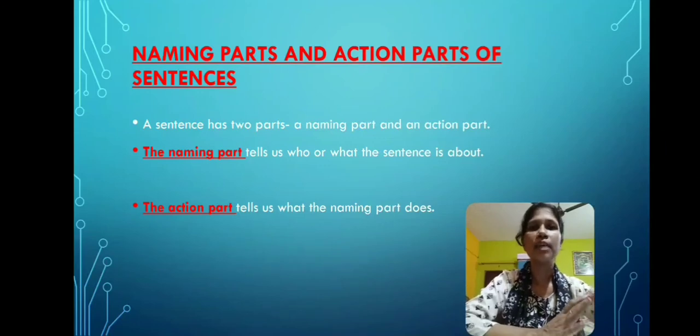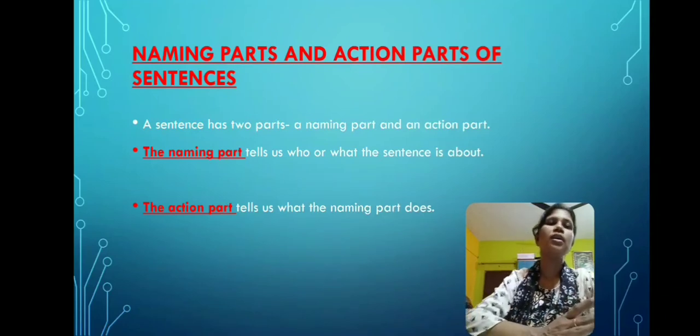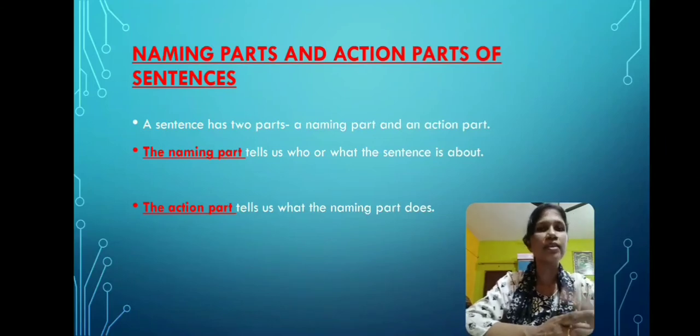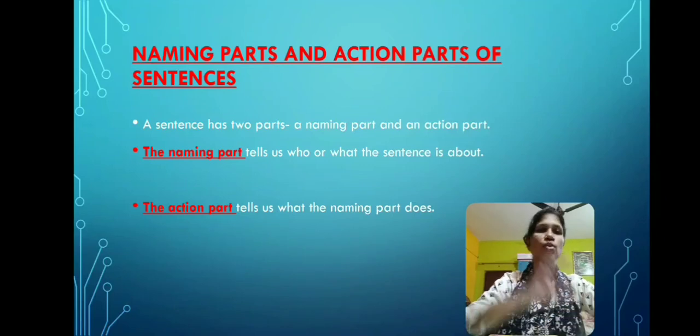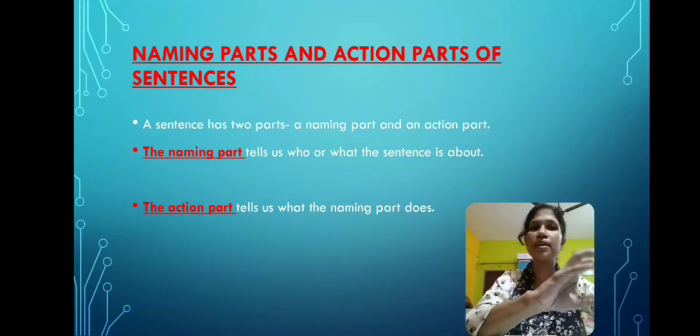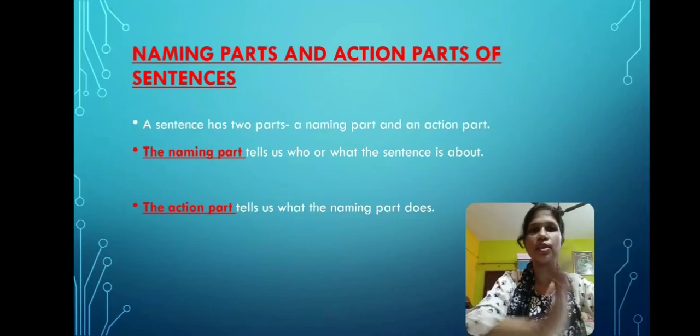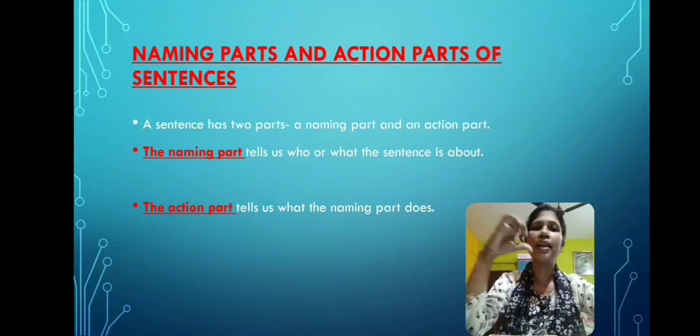The naming part tells us who or what the sentence is about. On the other hand, the action part tells us what the naming part does. So this is all about the naming part and action part.